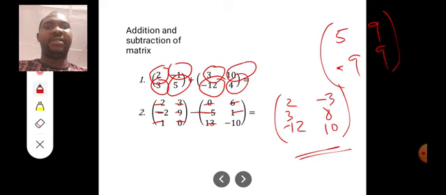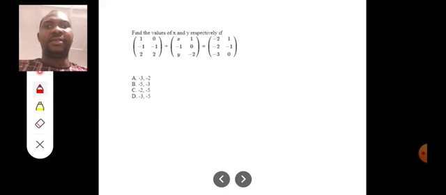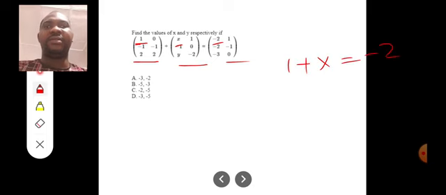Now let's move further. Look at this question now. We're asked to find the values of x and y if this matrix plus this matrix equals this matrix. That's very simple. Let's look for the corresponding elements. Here we have 1 and x, and we have minus 2. So 1 plus x is equal to minus 2 from the question.